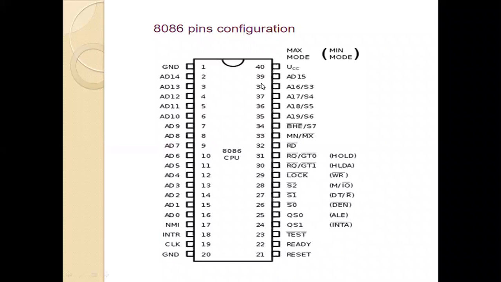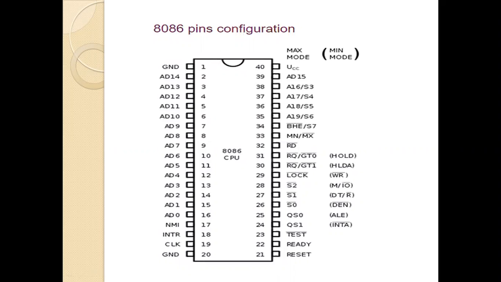So first of all, there is the power supply and frequency signals. It uses a 5-volt DC supply at the VCC pin. You can see here pin number 40 is the VCC pin, and it uses ground at VSS, pin number 1. Now come to pin number 19, that is the clock signal.